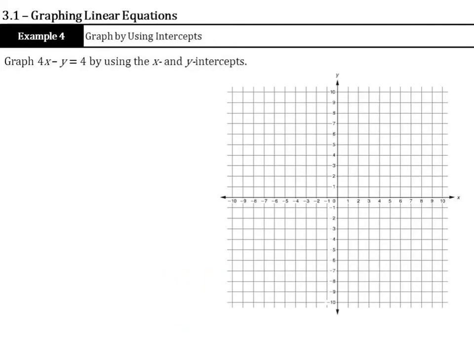To graph by using the x and y intercepts with 4x minus y equals 4, the first thing we're going to do is to find the x-intercept. And in order to do that, we need to let y equal 0. So we'll have the equation 4x minus y equals 4, but again, we're going to let our y equal 0.